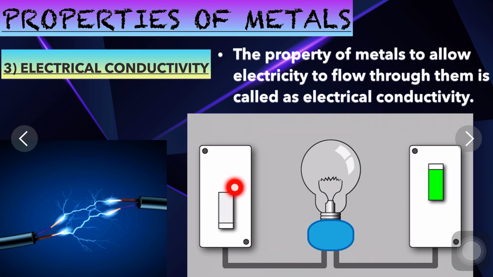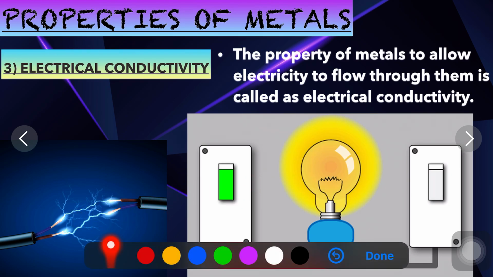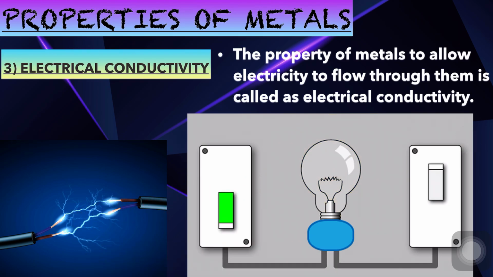Non-metals cannot conduct electricity, okay. So only metals have this property of conducting electricity. Electricity flows through metals. All metals are good conductors of electricity to a greater or lesser extent.